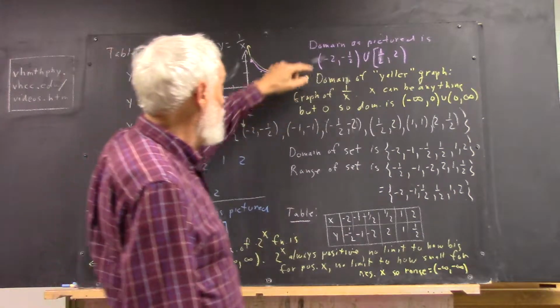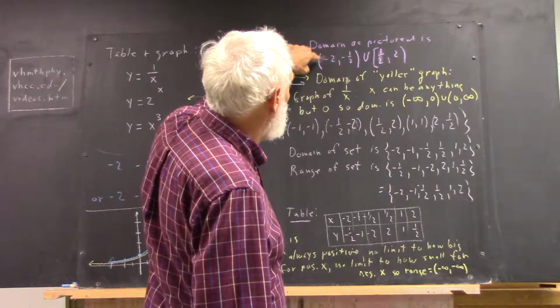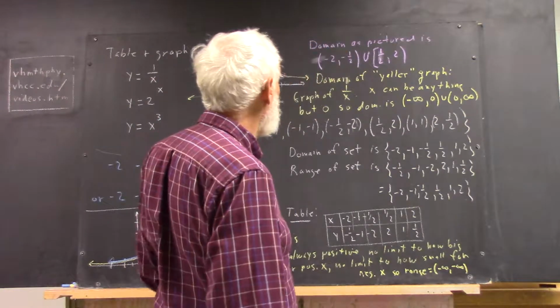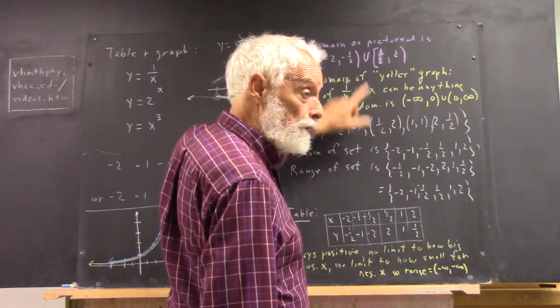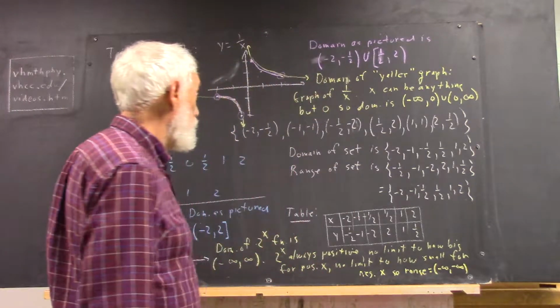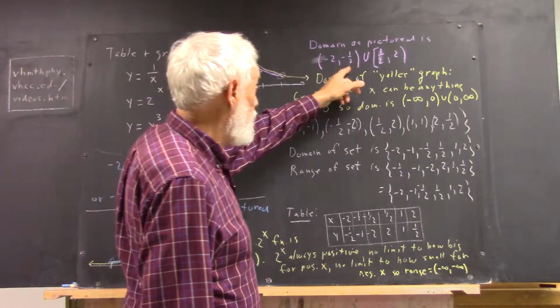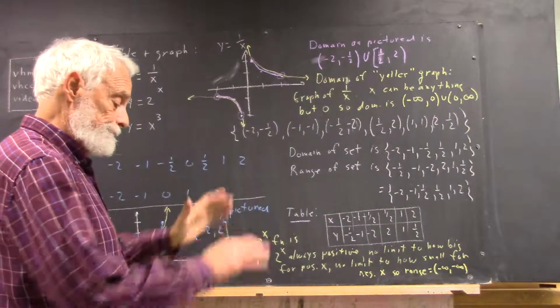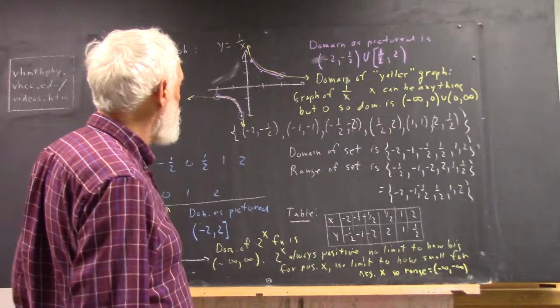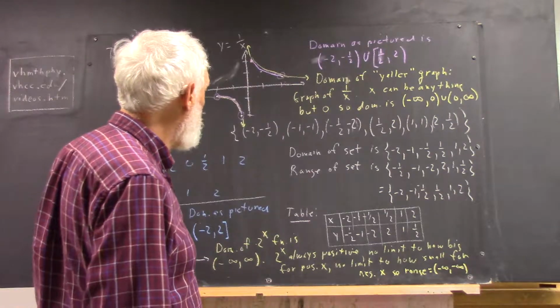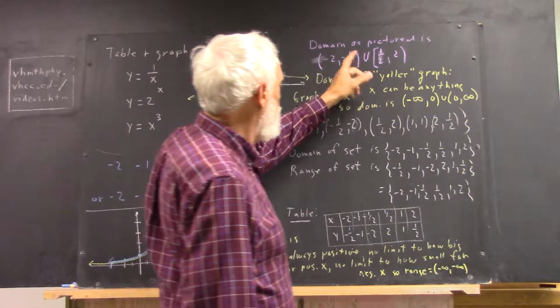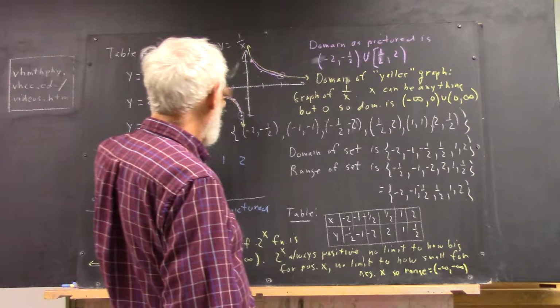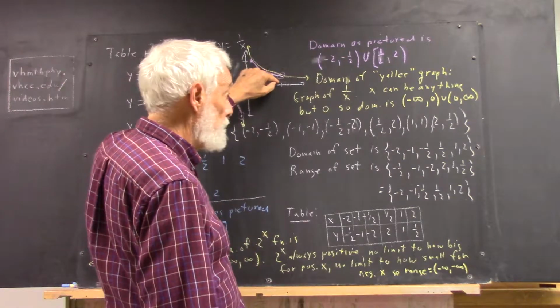That means the domain is the open set indicated by parentheses from -2 to -1/2. At least this part of the domain is this open set, -2 to -1/2. And then the total domain of the pictured function, of course, includes the domain for these points.